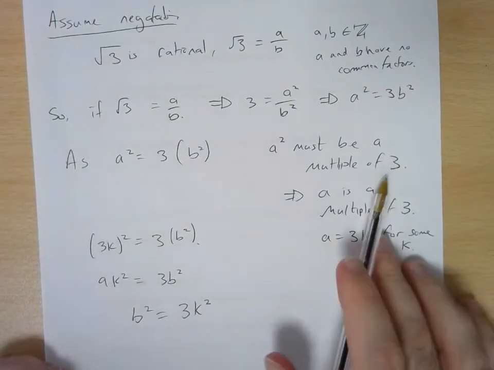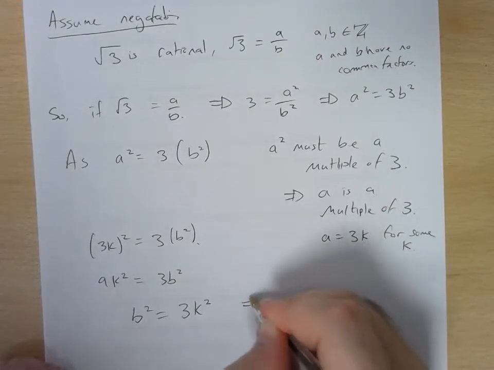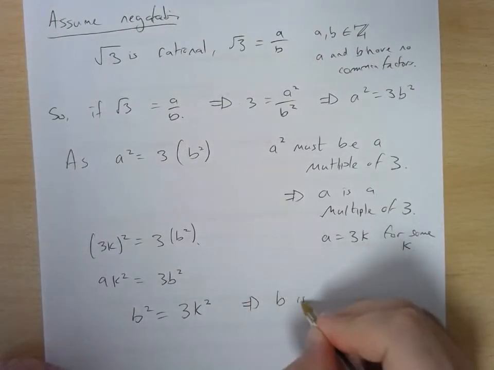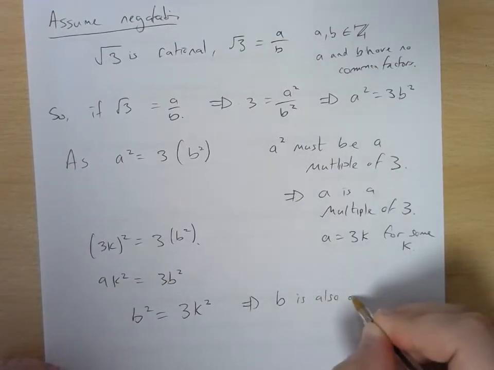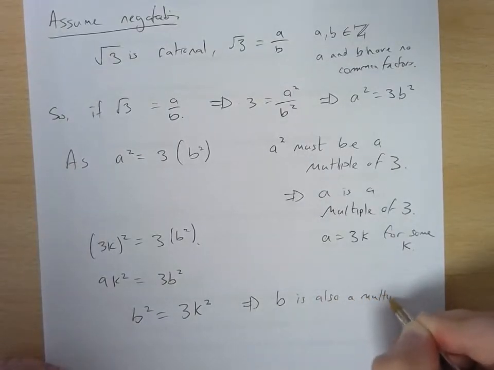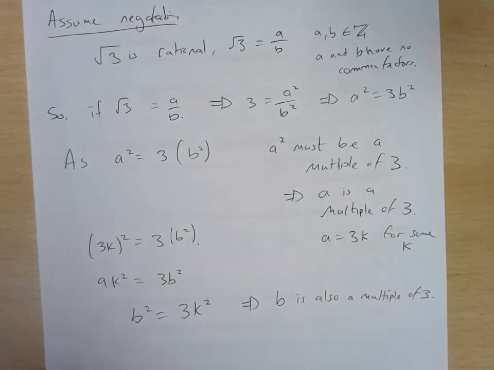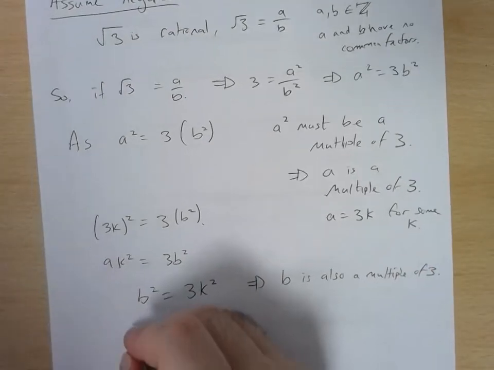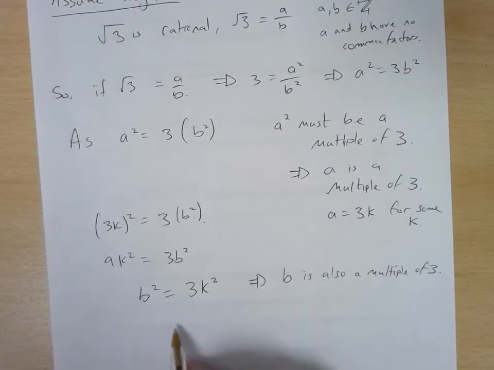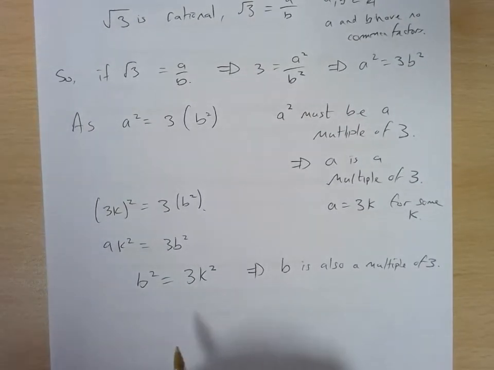By the same logic we had up here, this implies that b is also a multiple of 3. This is now a contradiction, so you need to use the word contradiction in the exam, otherwise you won't get the marks for it.